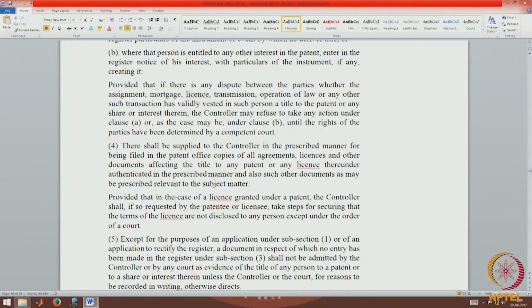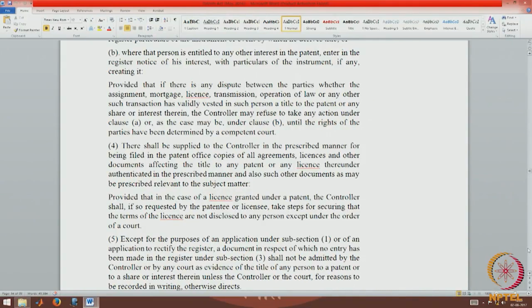The controller has some powers with regard to co-owners, we saw that in section 20, but in this case if there is any dispute on an assignment, mortgage, license, transmission, or operation of law, then the controller will want the parties to approach the court and get a declaration by way of a civil suit declaring the respective rights of the parties. So, the controller would not take any action unless it is determined by a competent court, and we are referring to the civil courts here.